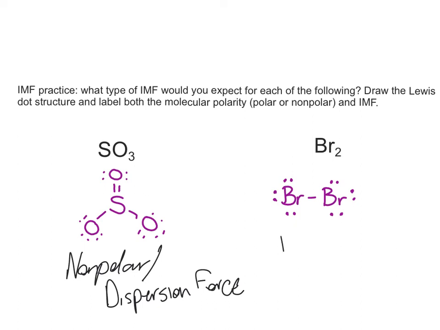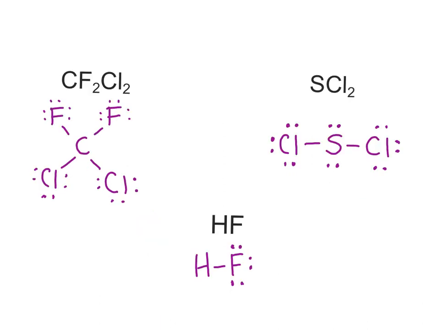Br2, again, a nonpolar molecule because it's an even distribution of electrons, which means the best we can do is dispersion. Again, being able to identify that polarity is crucial in order to figure out IMF. CF2Cl2, well, first thing, does my center atom have lone pairs? No. Is everything around it the same? No. So that tells me this is going to be a polar molecule.